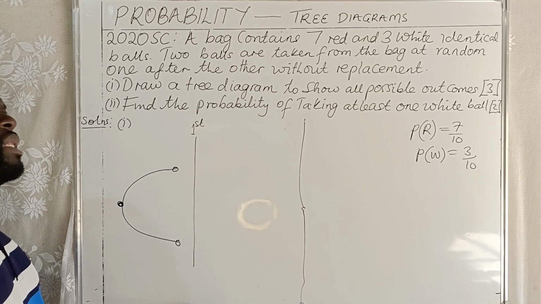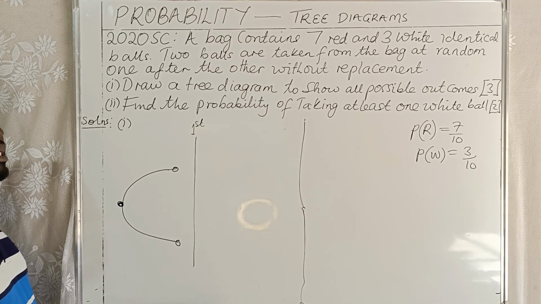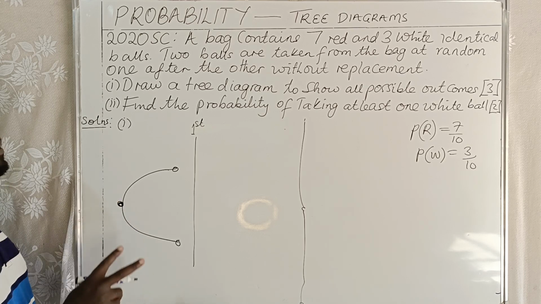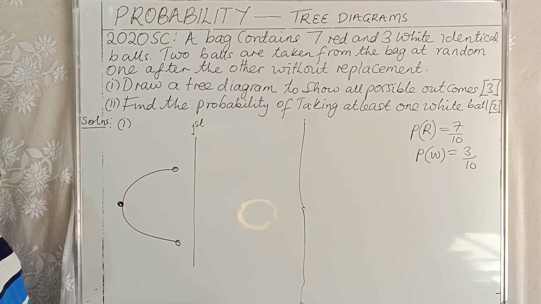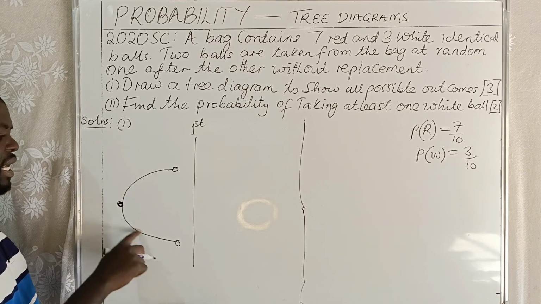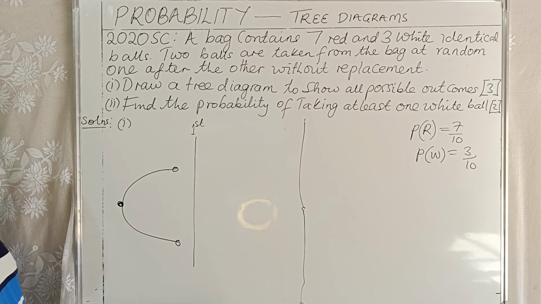Now, what determines the number of branches is the number of different kinds of items under discussion. The balls here are of two types, so the different types of items determine the number of branches that our tree diagram is going to have.